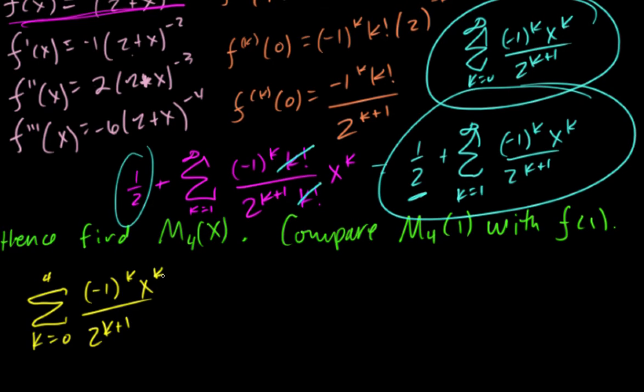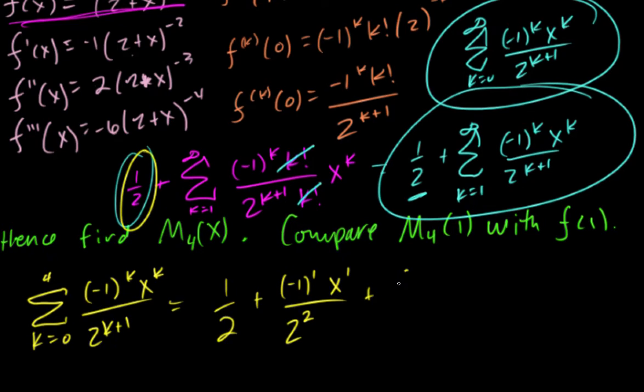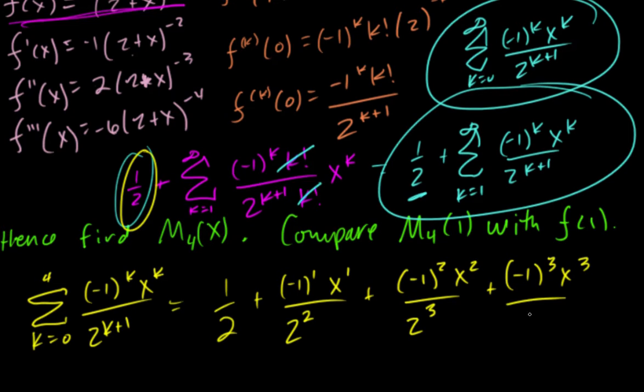And so we already know the first one is 1/2 because we found that right there. Now if we plug in a 1, we're going to get negative 1 to the 1, x to the 1 over 2 to the 1 plus 1, so that'll be 2. Negative 1 squared, x squared, over 2 to the 3, and then negative 1 cubed, x cubed, over 2 to the 4, and then negative 1 to the 4, x to the 4, over 2 to the 5th.